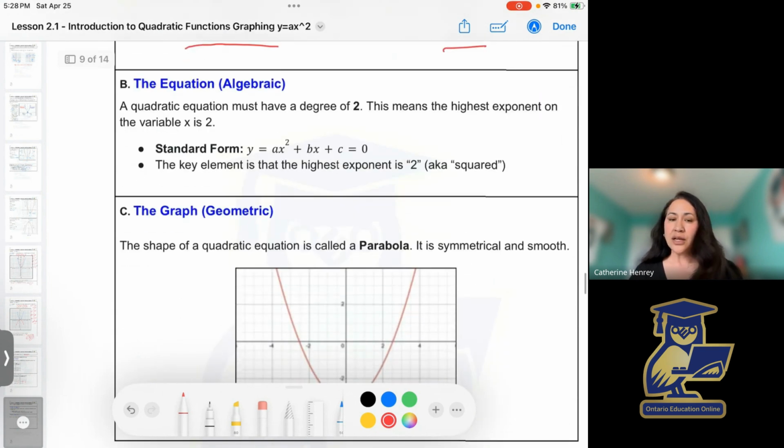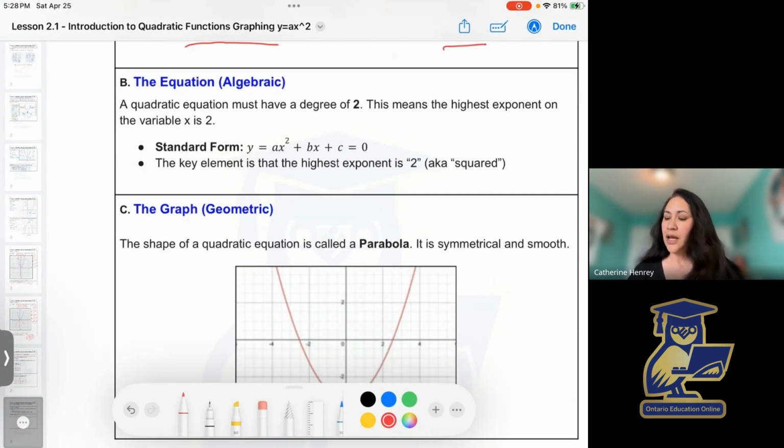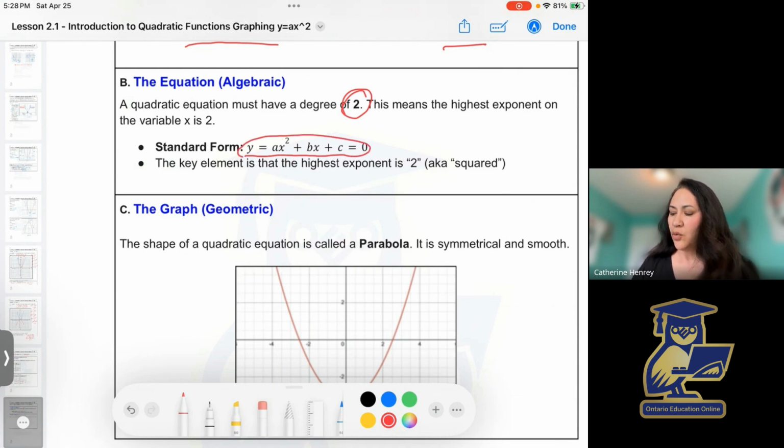If we just take a look at the equation, a quadratic equation has to have a degree of 2. This means the highest exponent on a variable is 2. So something that would look like this in standard form, y equals ax squared plus bx plus c, we see that the highest degree, the highest exponent, is 2.